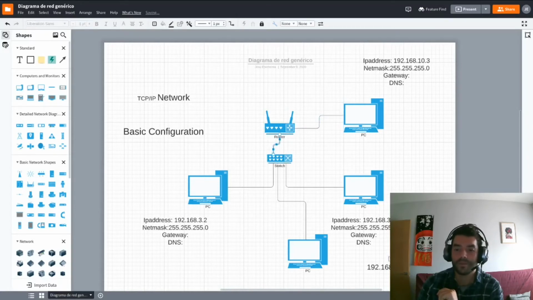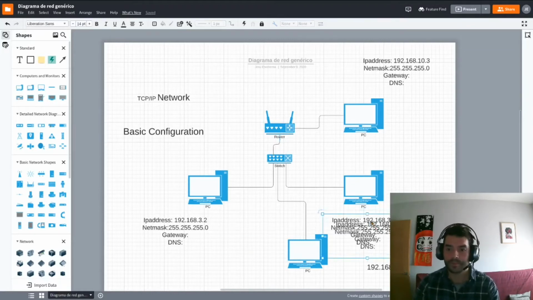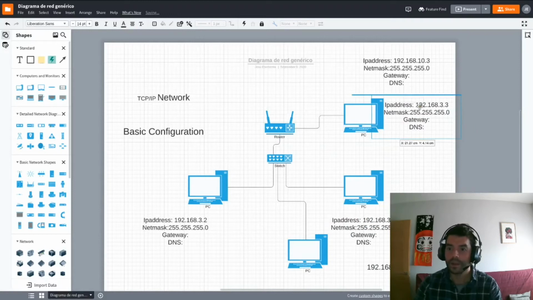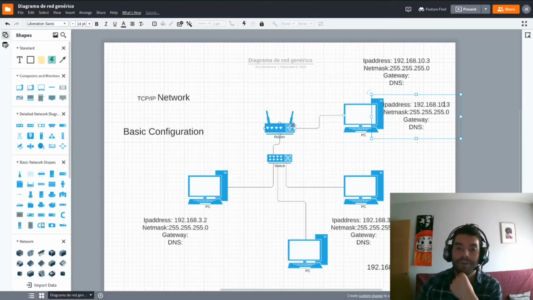So maybe this machine is from another network. But if we configure a router well, you can have a communication between these 1, 2, and 3 computers, okay?